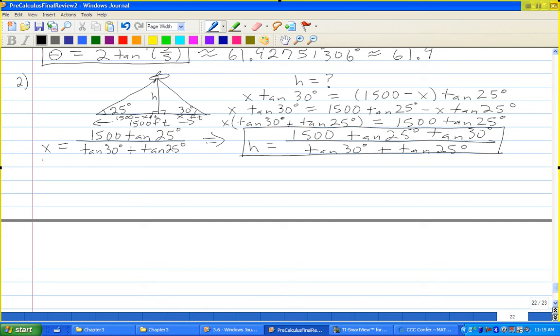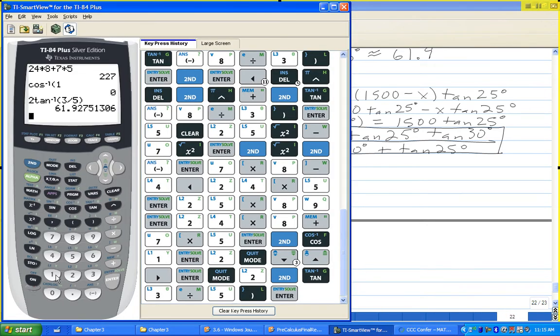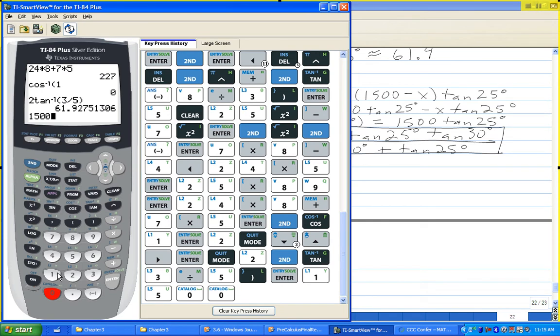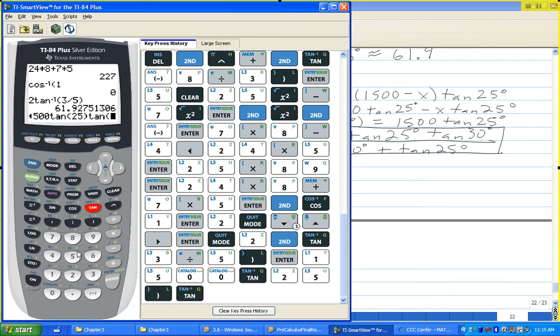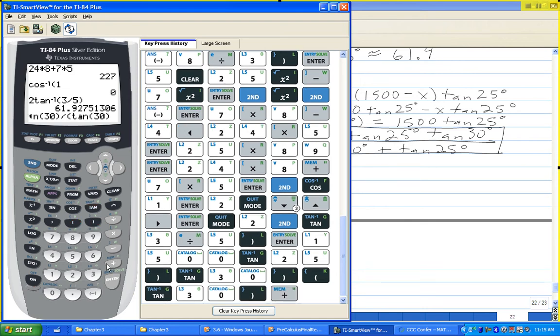And so let me give an approximation to that. 1500 tangent 25 degrees tangent 30 degrees over tangent 30 degrees plus tangent 25 degrees.